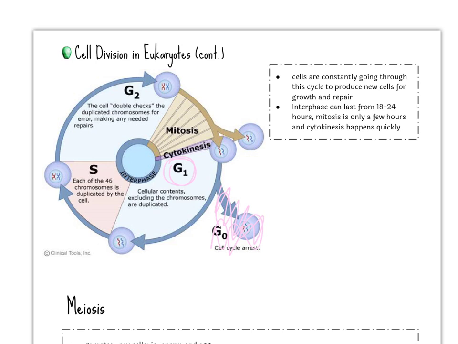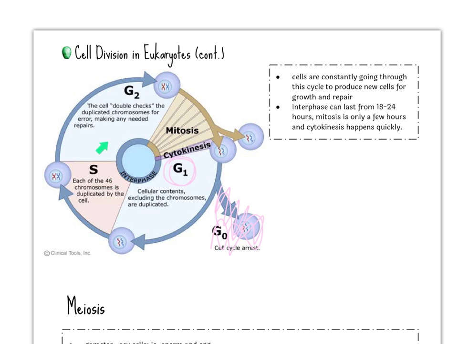So remember, S stood for synthesis, which just means it's making something. And in here, it's making the genetic material. So it's duplicating the genetic material. So you can see now that it has two chromatids on the chromosome. Down here, it just had one little line. And here it has these two, and they've joined up. So the genetic material has doubled.